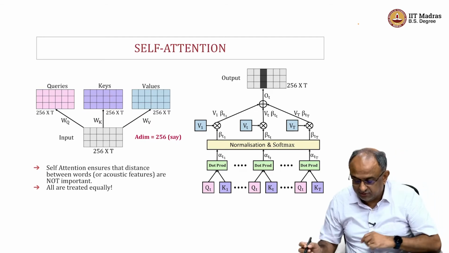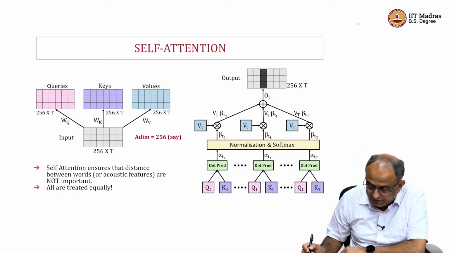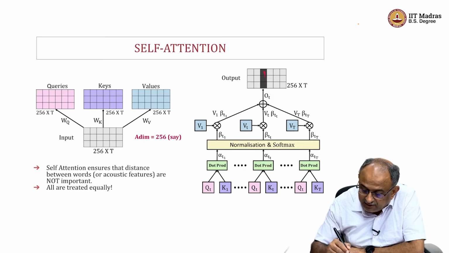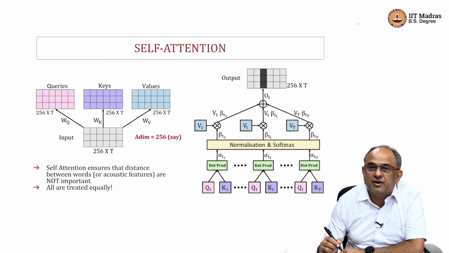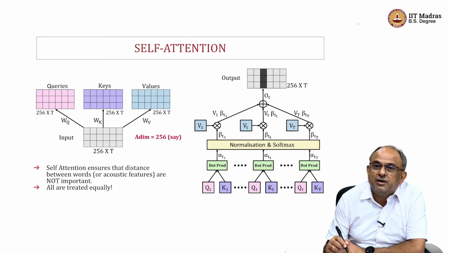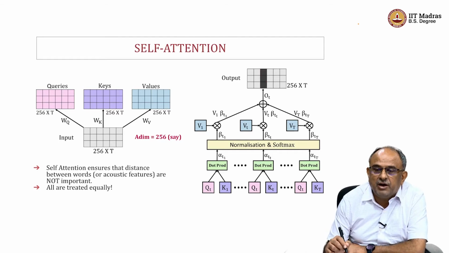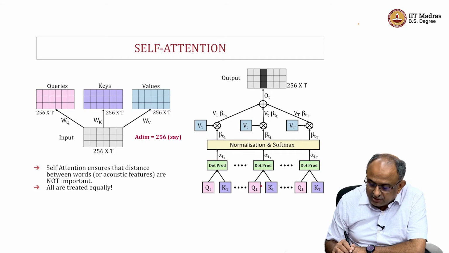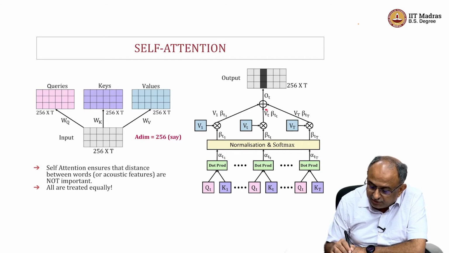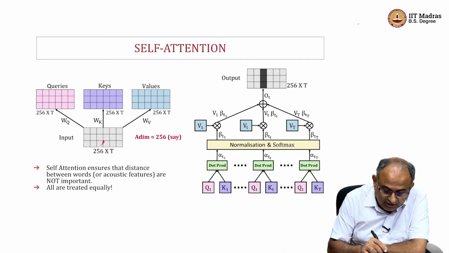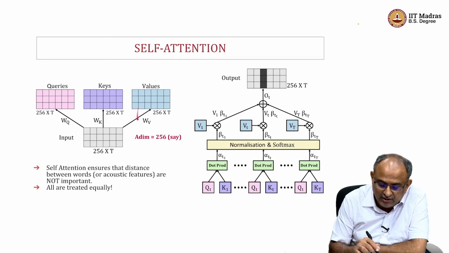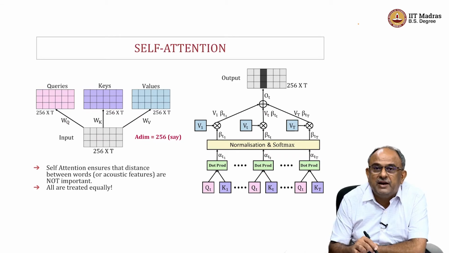What does that mean? Let me take the specific example of the tth vector, the tth word. I already have an embedding for the tth word. Let us call that v of t, the embedding that is already here. If you ignore these matrices, this will get copied as it is.